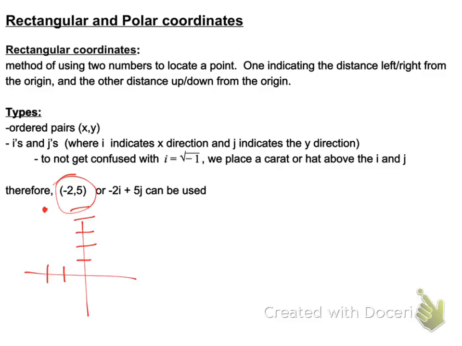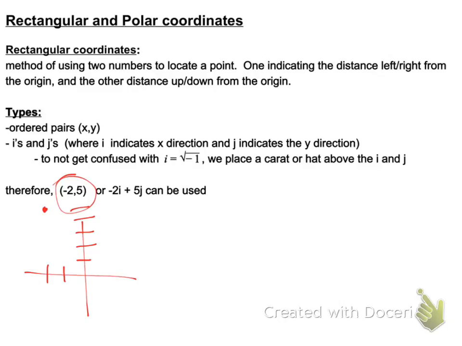Well, what we're going to do today is talk about a slightly different format. And that slightly different format ends up using i's and j's instead of x's and y's. So, i indicates the x direction, and j indicates the y direction.